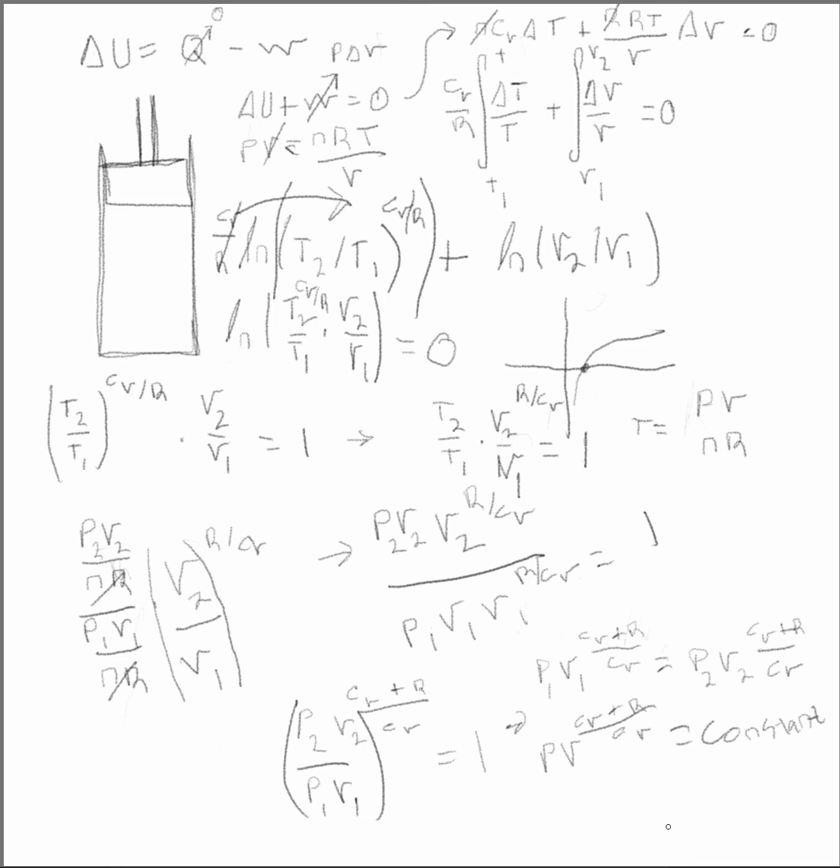If A1 times B1 equals A2 times B2, then A times B is equal to a constant. That's what I was trying to say.